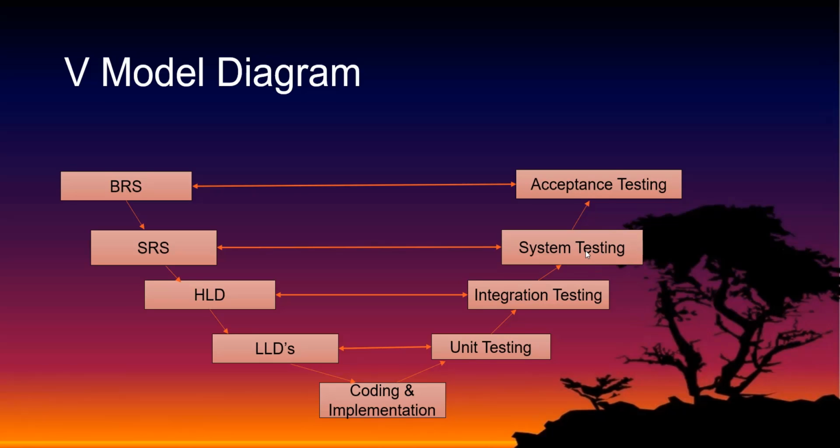Whatever test cases they have created based on that SRS document, they are executing those test cases on that particular developed system to get the defects. For getting the defects, they are executing all those test cases one by one. That process is known as the system testing process.